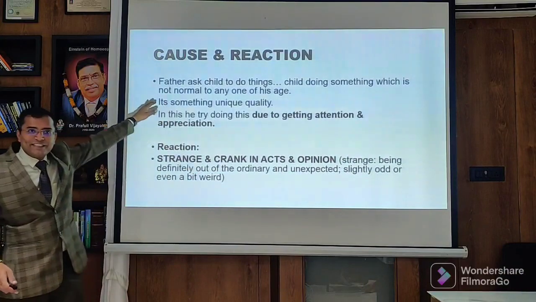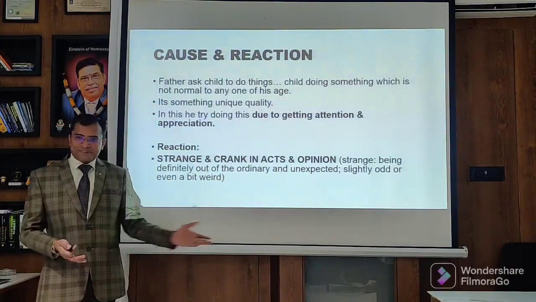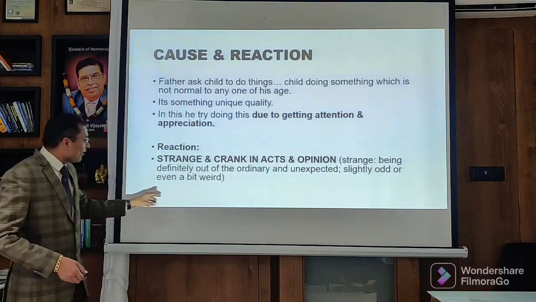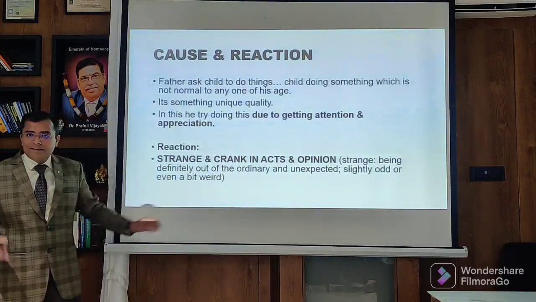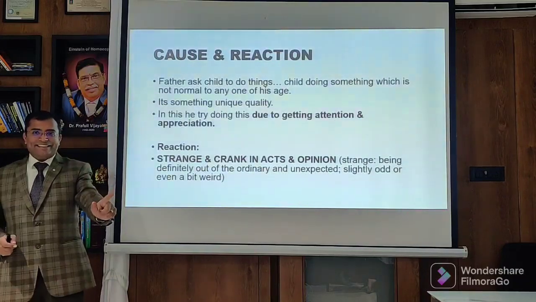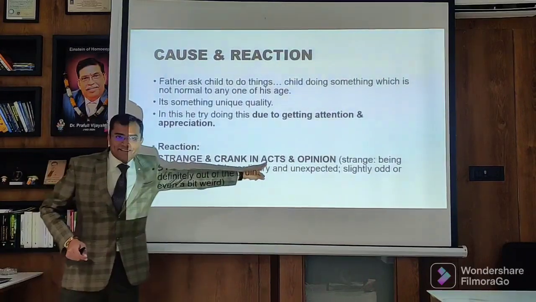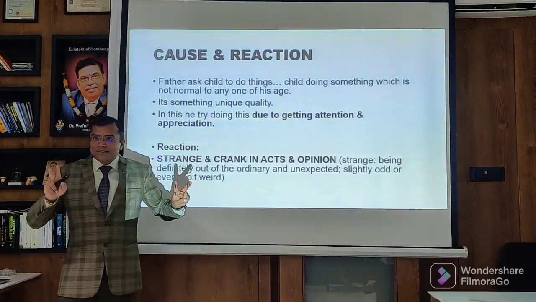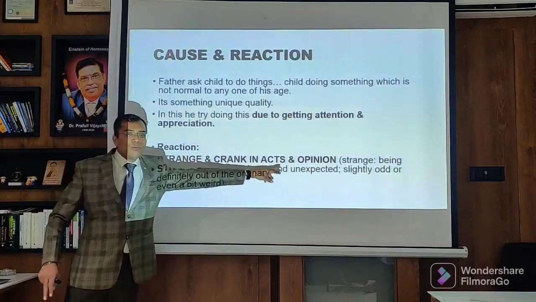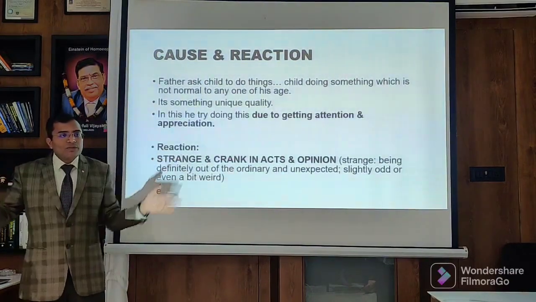Out of ordinary are unique things and unexpected. You cannot expect this thing from the child. Slightly odd or even a bit weird. Now you have to be clear in your mind that this is something strange. Strange in acts. Here two things: acts and opinion. So opinion is some verbal comment on particular situations.